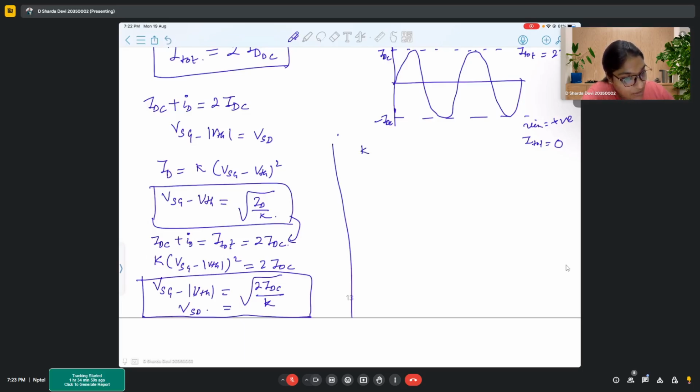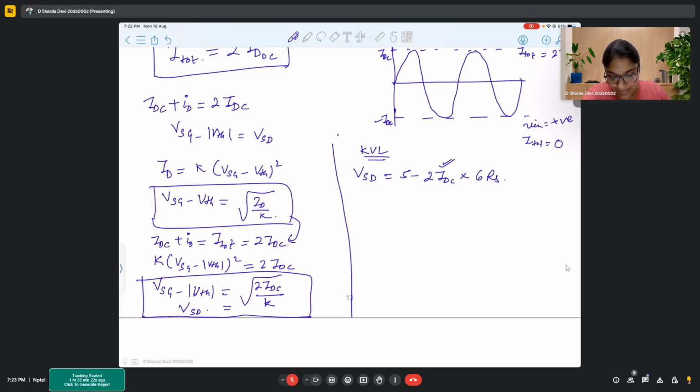So now if we apply the KVL, VSD is 5 minus 2 IDC into 6 times RS. This is coming from the total current equal to 2 IDC.